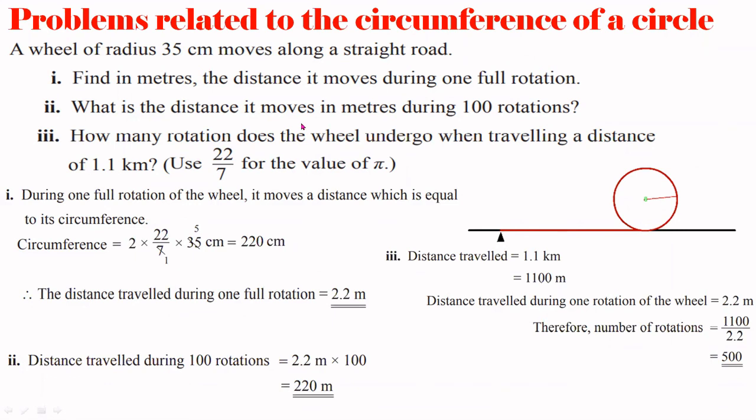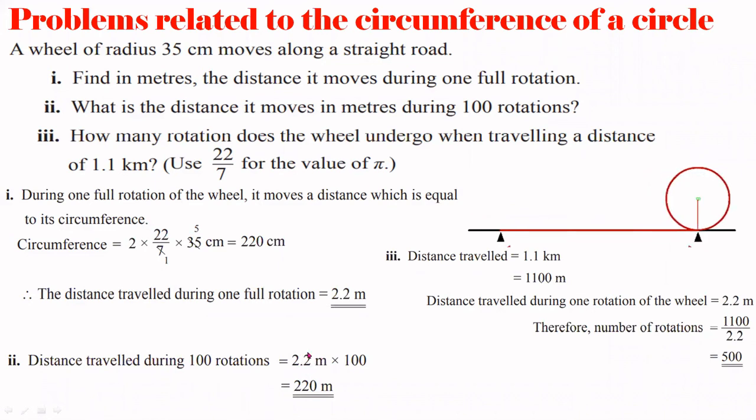What is the distance it moves in meters during 100 rotations? This is one rotation. If there are 100 rotations, you have to find the circumference and multiply it by 100. Now you know the circumference is 2.2 meters. So 2.2 into 100.